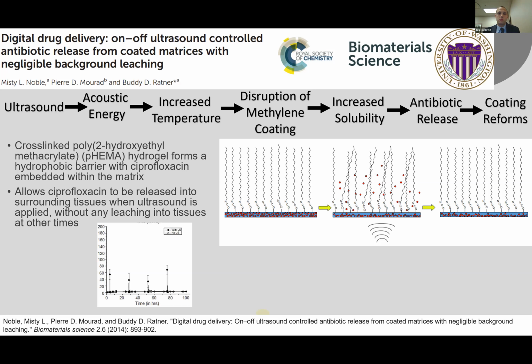That increases the temperature, disrupts the methylene coating, allows water to diffuse in and leach out those antibiotics before rapidly reforming. If you look at the elution curves down there in the graph on the bottom, you can see that it's essentially released rapidly when this ultrasound is applied and then goes back to having no background release.